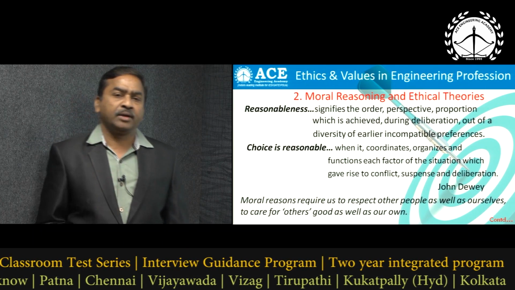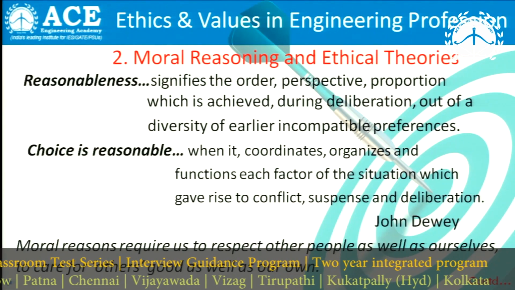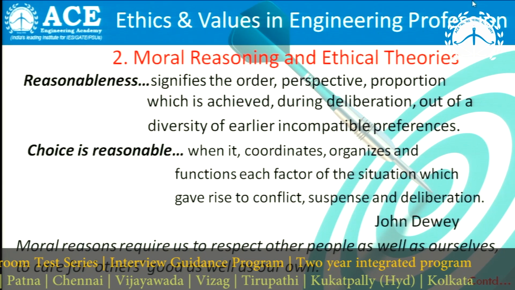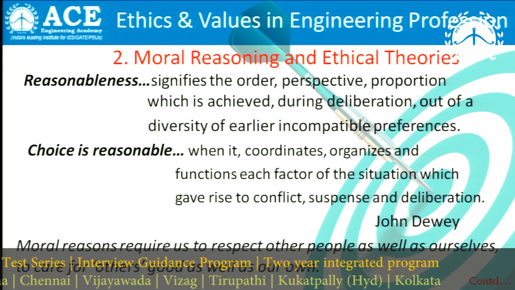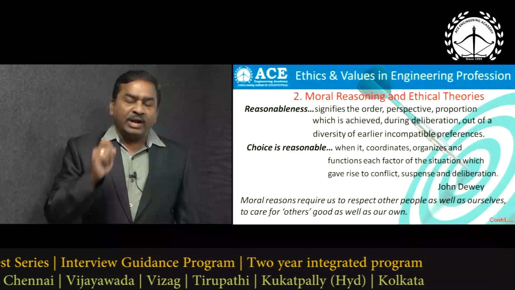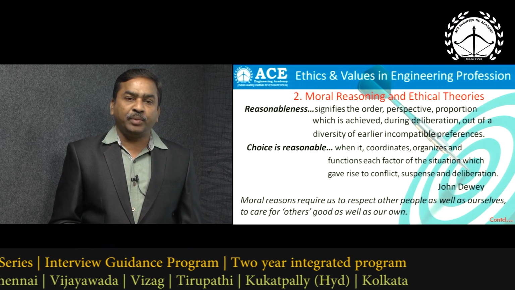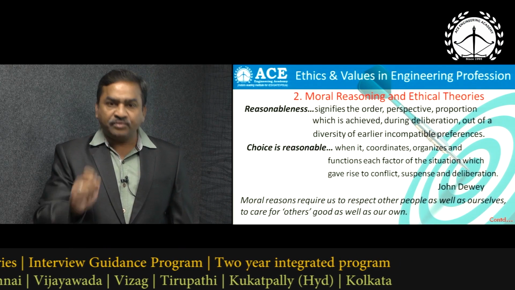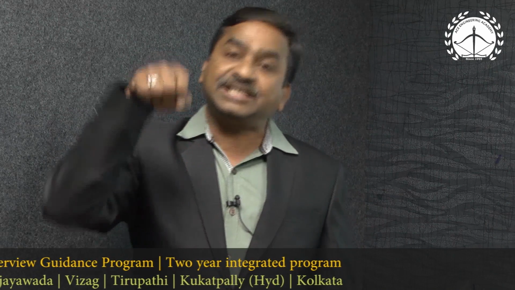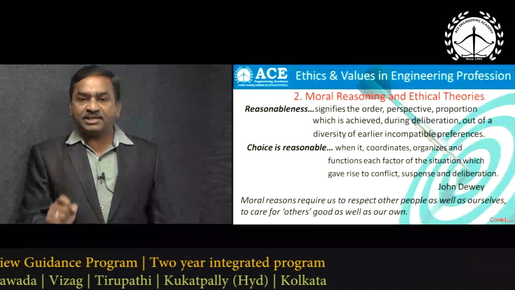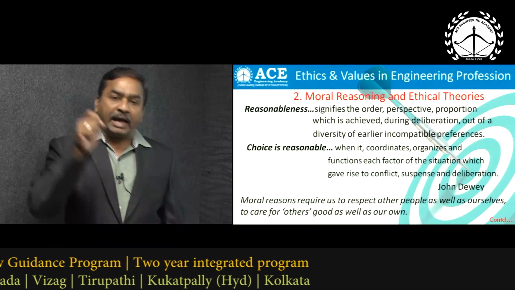We'll go to the second topic, moral reasoning and ethical theories. There is a beautiful quote given by the famous philosopher John Dewey. What is moral reasoning? Whatever decisions we take, there should be a particular reason for that and there should be a rationale for that, which means that when we take a decision, we are confronted with choices. When we exercise a better choice, that leads to reasonableness.